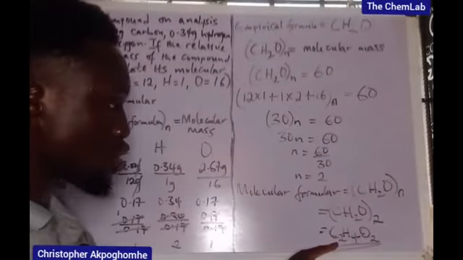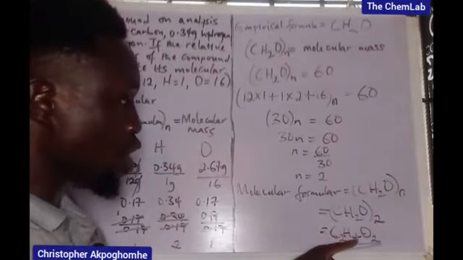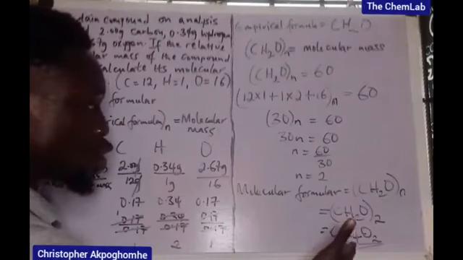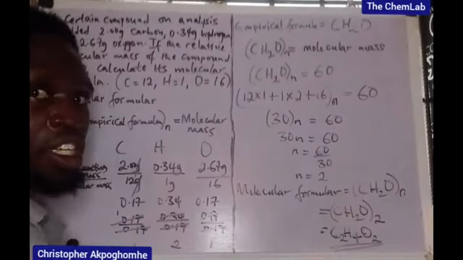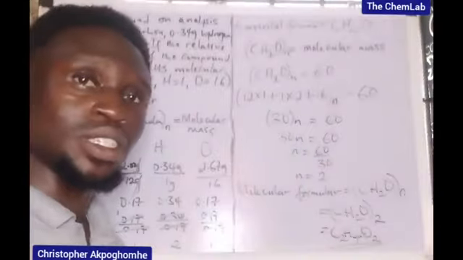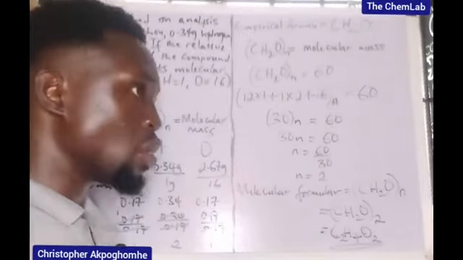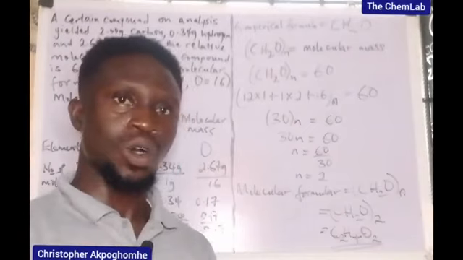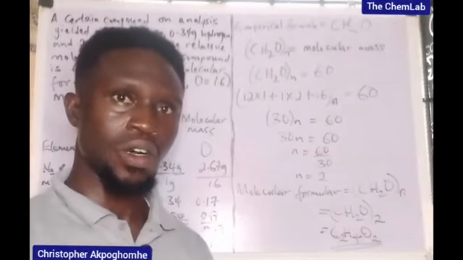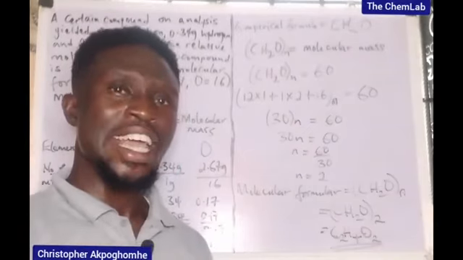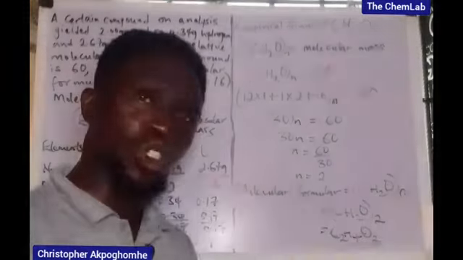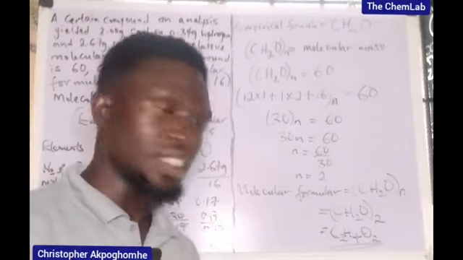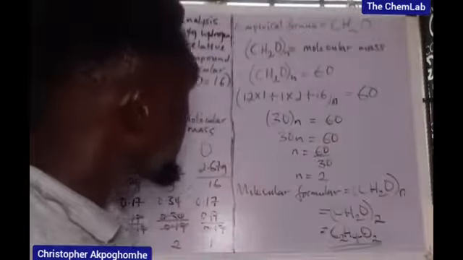C2H4O2. So we have succeeded in getting the molecular formula. So you see that molecular formula is not the simplest. It's more like, should I use the word complex or advanced? That shows a large number of atoms contained in each element that make up the compound. So that's it for now.